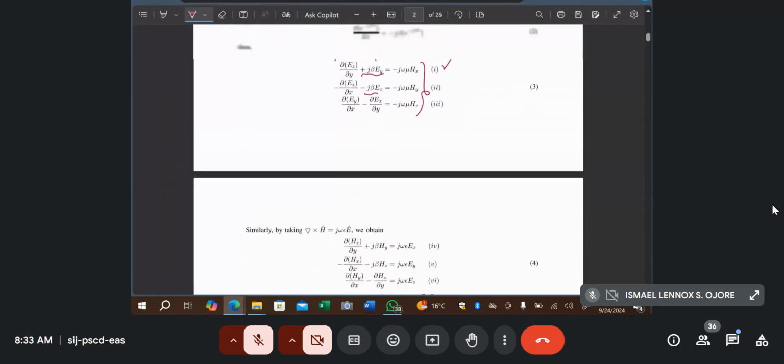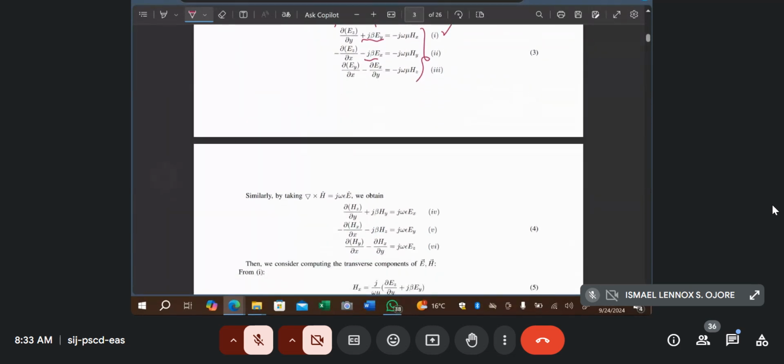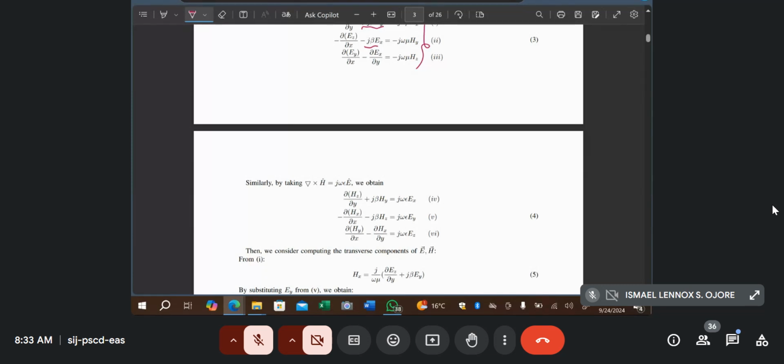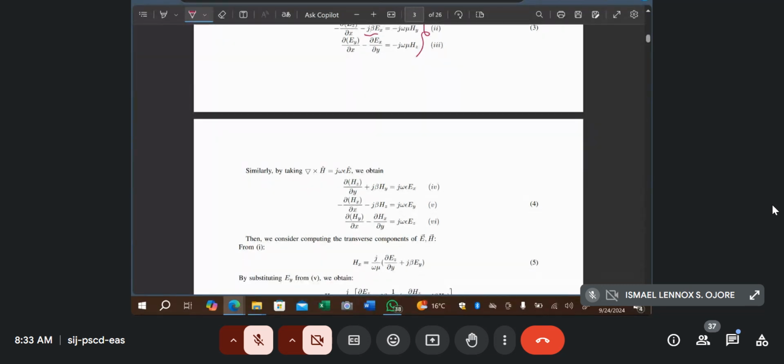You can do the same thing for the cross product of H. Normally from Maxwell's equation, what do you have as the curl of H? The point form, you can derive it from here in terms of the field density.